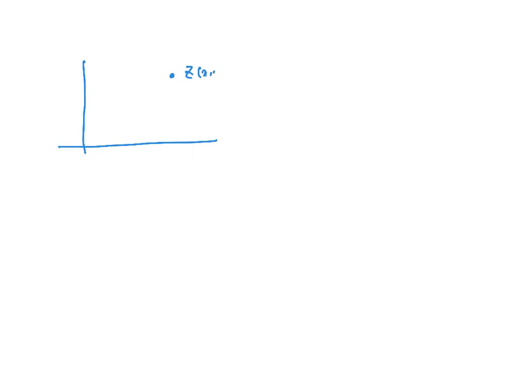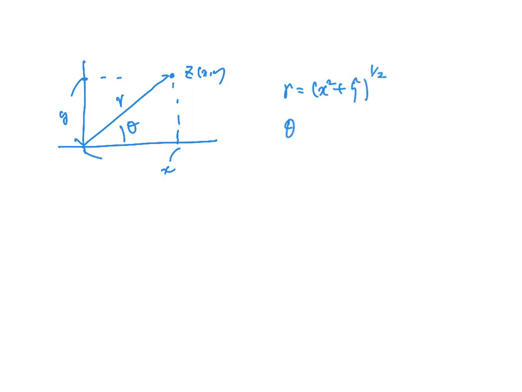So we have x, y and r, theta. r is the square root of x squared plus y squared, and theta is the tangent inverse of y over x, right?